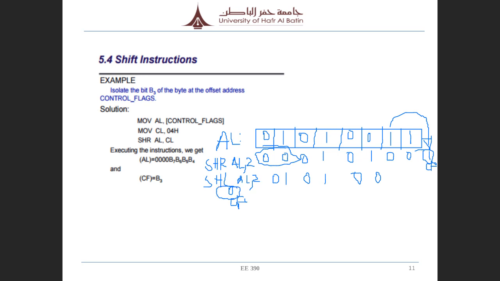And what about these 2 empty bits? They must be 1 or 0? 0, yes. This 0 and 0.